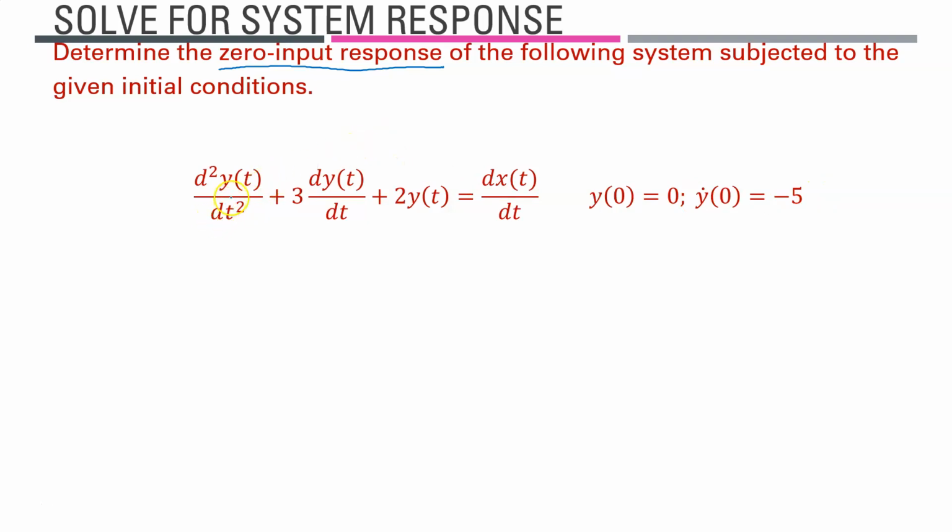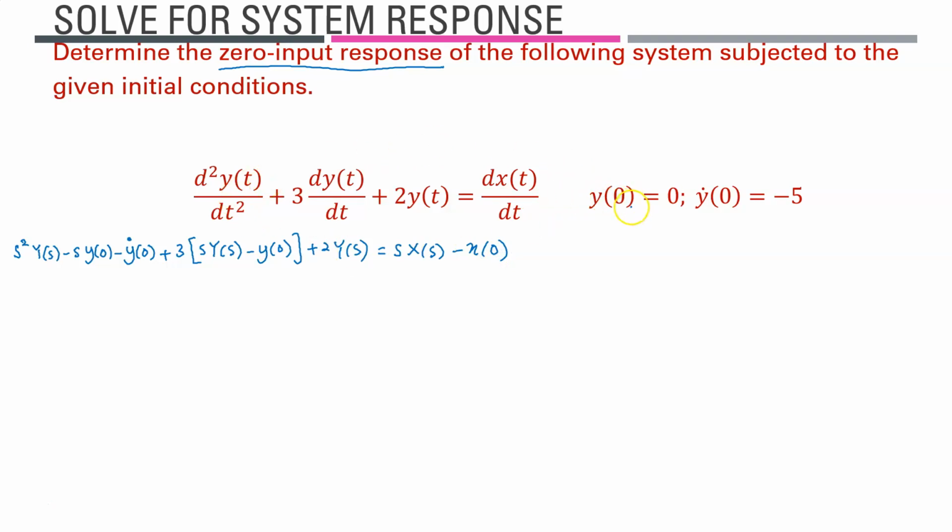Here you have a second order differentiation, so you will have s squared Y(s) minus s y(0) minus y'(0), plus 3 times a first order differentiation, so s Y(s) minus y(0), plus 2Y(s) equals first order differentiation, so you will have s X(s) minus x(0).